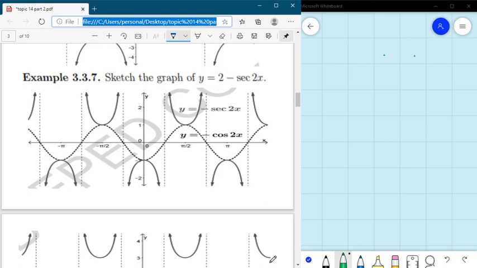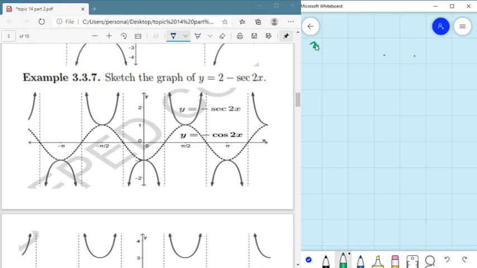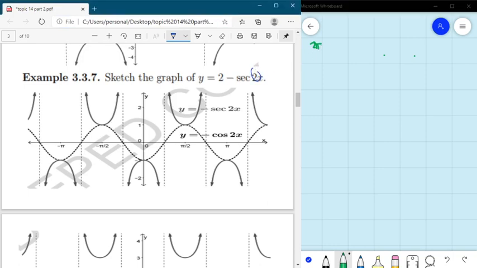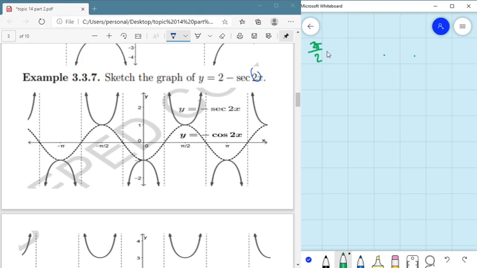So, let us recall that for cosine, the period is 2 pi over b, which is 2. So, therefore, we have a period of pi for cosine 2x.